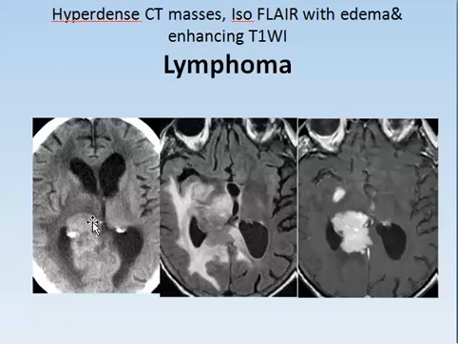Hyperdense CT mass, choroid plexus, iso in the FLAIR, iso to the brain tissue, isointense, with marked edema, vasogenic type, and it is definitely showing contrast enhancement of the intense type lymphoma.